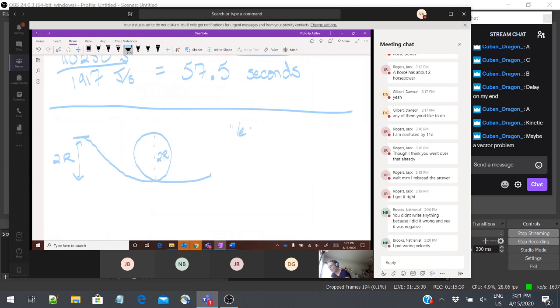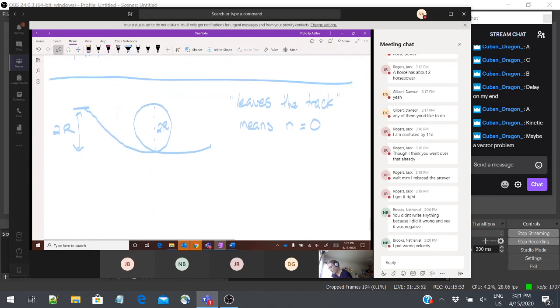So this is one of those conceptual things. What is the concept here? Leaves the track means the normal force is equal to 0. Okay. And so the normal force is always going to be inward.